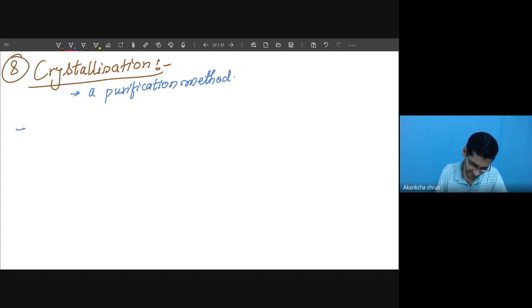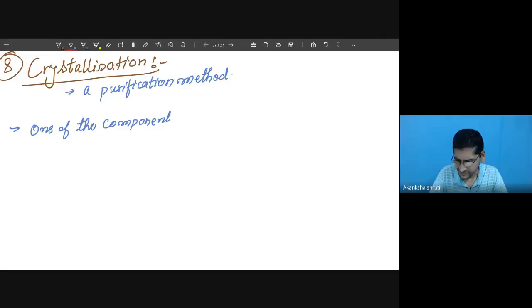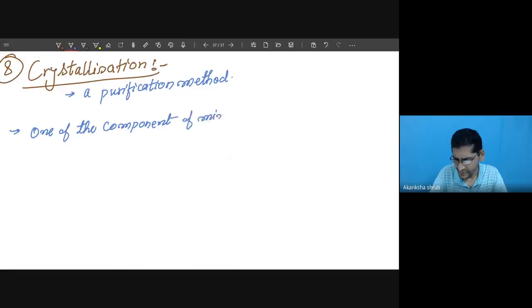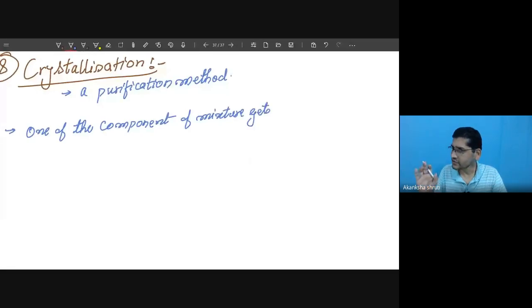So of the different components of a mixture, one of the components gets crystallized. Crystallization means forming a solid from the liquid.